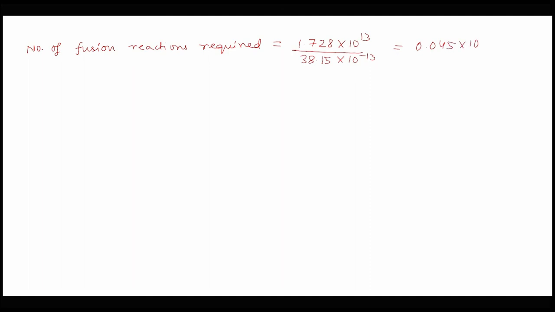The number of fusion reactions required is 1.728 into 10 to the power 13 divided by 38.15 into 10 to the power minus 13, and we obtain a value equal to 0.045 into 10 to the power 26. So this is the number of fusion reactions required.